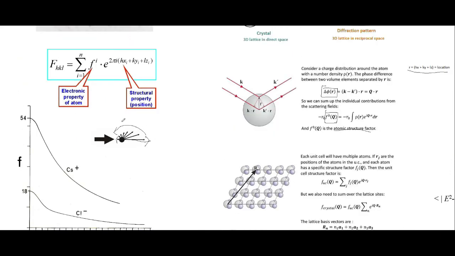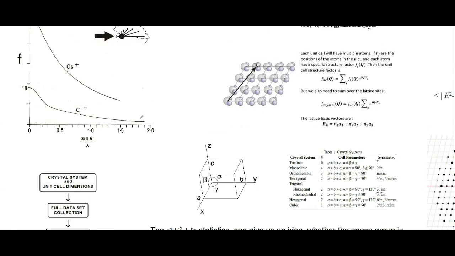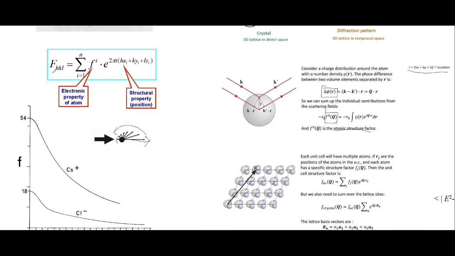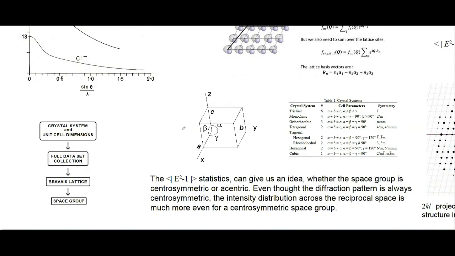And so with this intensity and the position in our diffraction data, we can start determining these structure factors. And the structure factors start telling us things about our crystal.